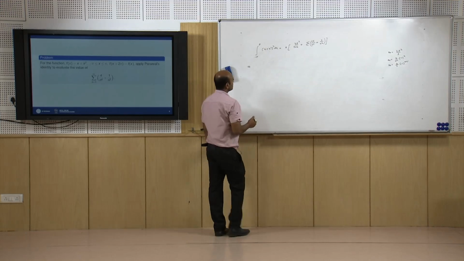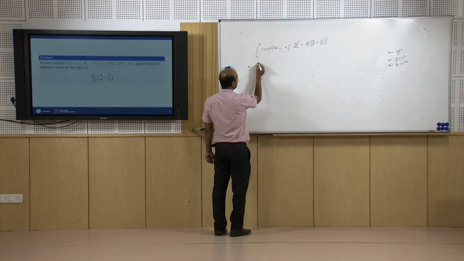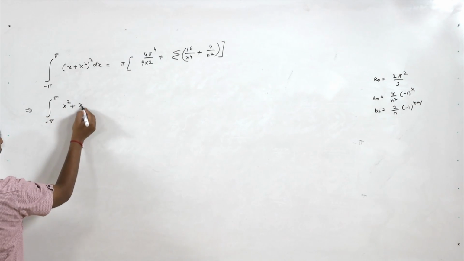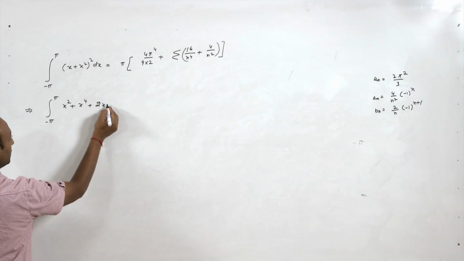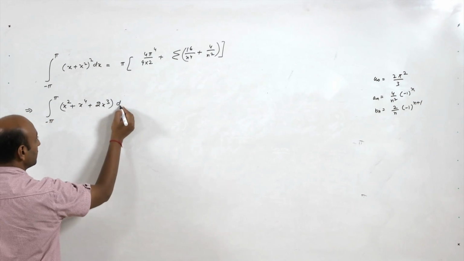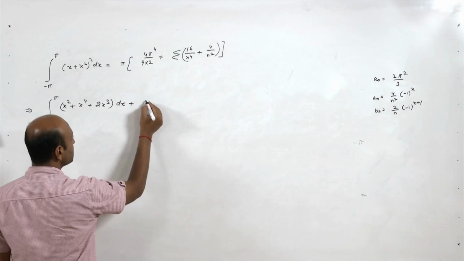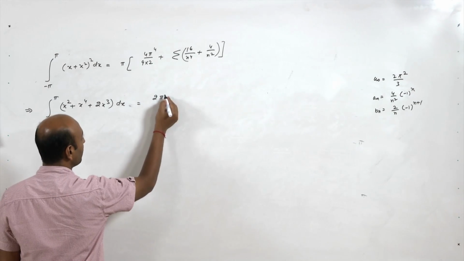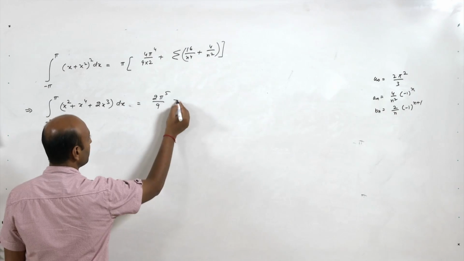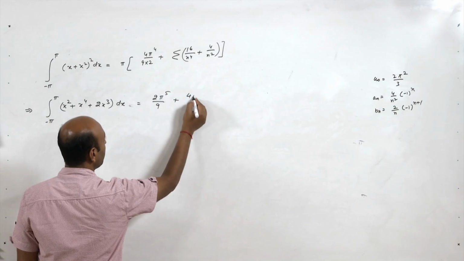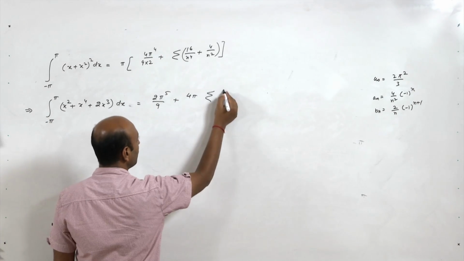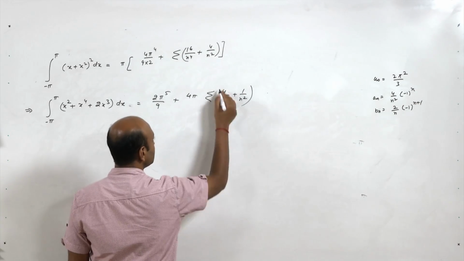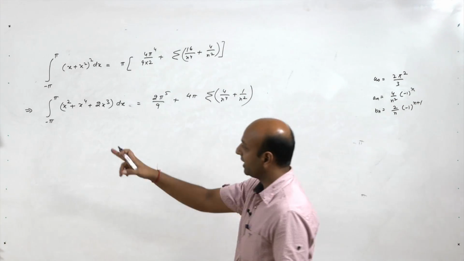This integral is nothing but minus pi to pi of x square plus x to the power 4 plus 2 x cube, whole into dx, which is equal to 2 pi to the power 5 upon 9 plus 4 pi into summation of 4 upon n to the power 4 plus 1 by n square. So, this is the required expression which we want to find out.